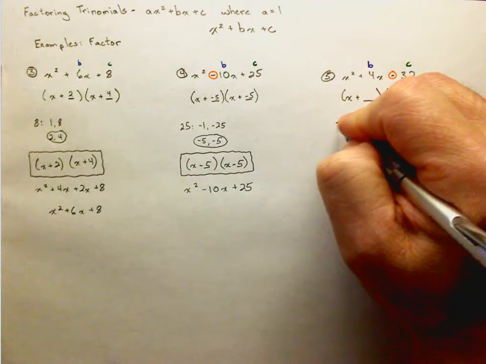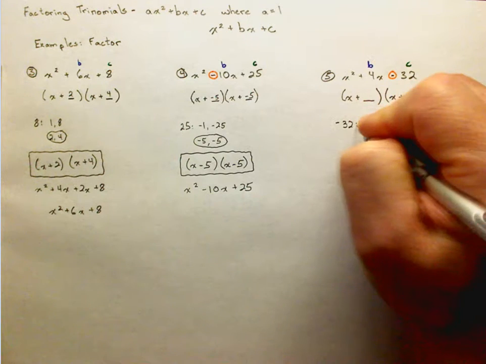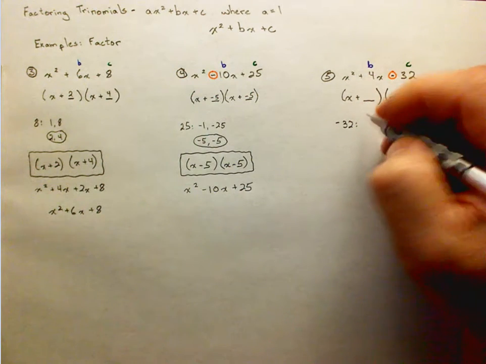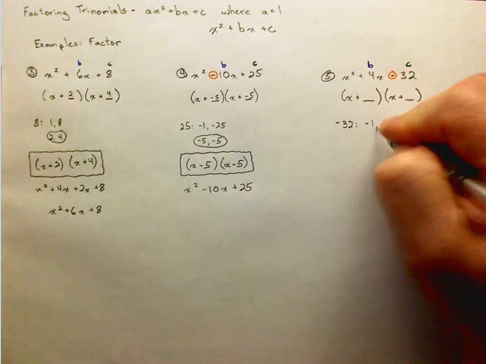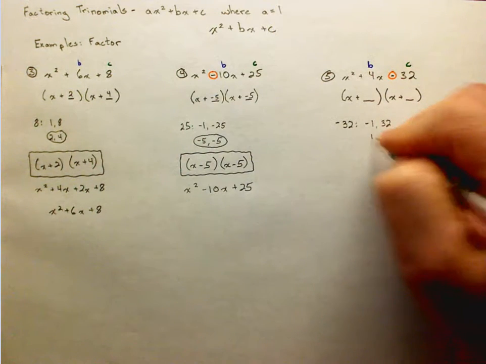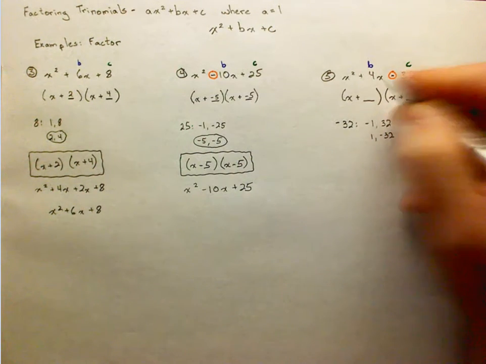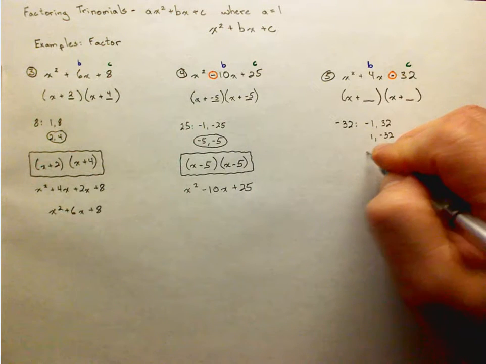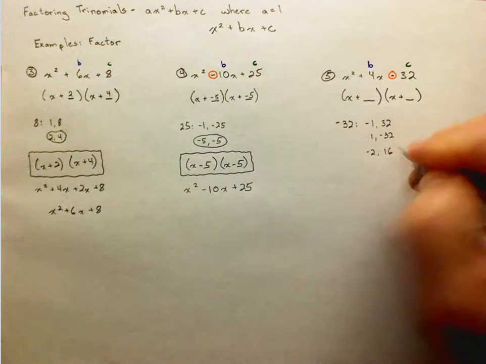And I'm finding the factors of negative 32. Again, I know that 1 and 32 are not going to give me 4, but I will write them out. Same with 2 and 16.